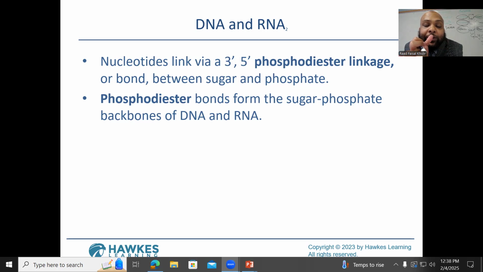When you want to connect nucleotides together, you connect by a phosphodiester bond. What's the name of the bond to connect amino acids together? Peptide bond. Excellent. That's a peptide bond. You need to know these bonds.